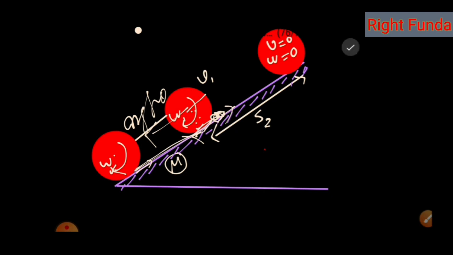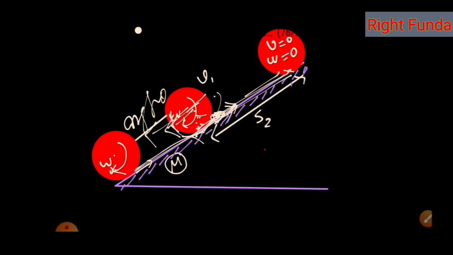After pure rolling starts, the friction force becomes static, acting in the upward direction. With friction upward and mg sine theta downward, the net acceleration is downward. That is why the velocity and omega decrease. From here to here, it moves in pure rolling motion.